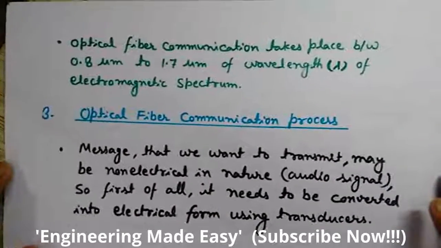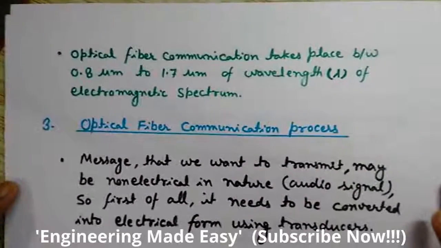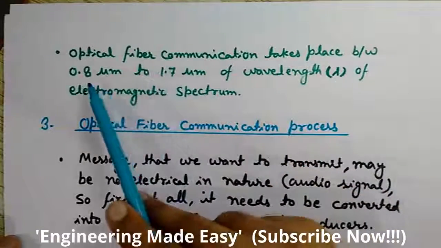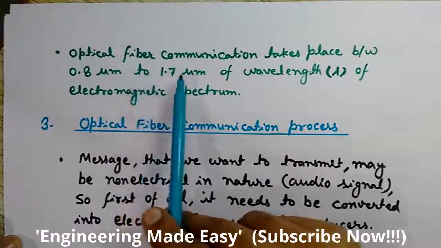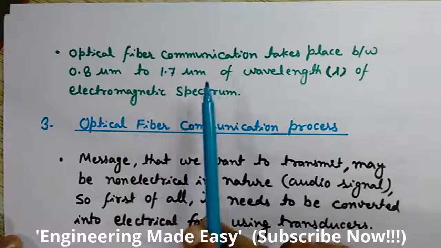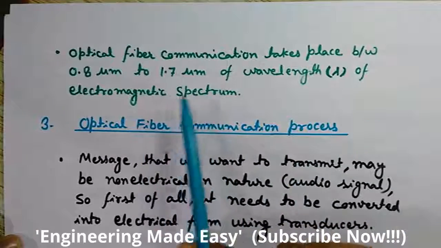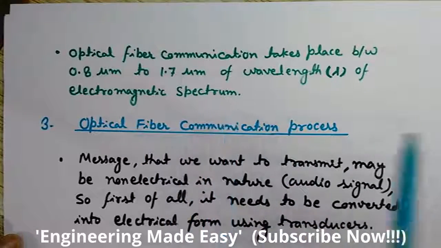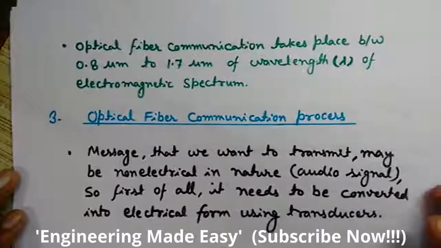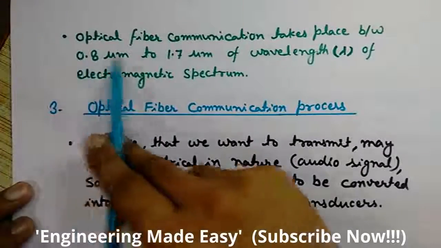Now let's see a few more points. The optical fiber communication takes place between 0.8 micrometer to 1.7 micrometer. Keep this range in mind, of the wavelength of the electromagnetic spectrum. In the electromagnetic spectrum, optical communication takes place in this wavelength range.